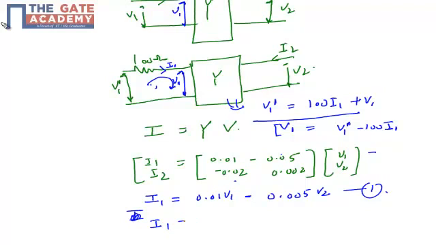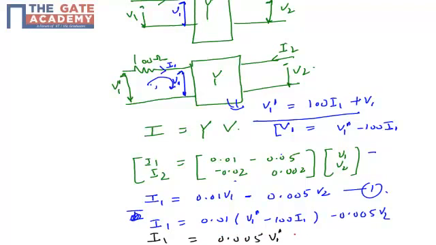So let's replace V1 with its new value. My equation will be I1 equals 0.01 times (V1 dash minus 100 I1) minus 0.005 V2. Rewriting this expression, I1 equals 0.005 V1 dash minus 0.0025 V2.